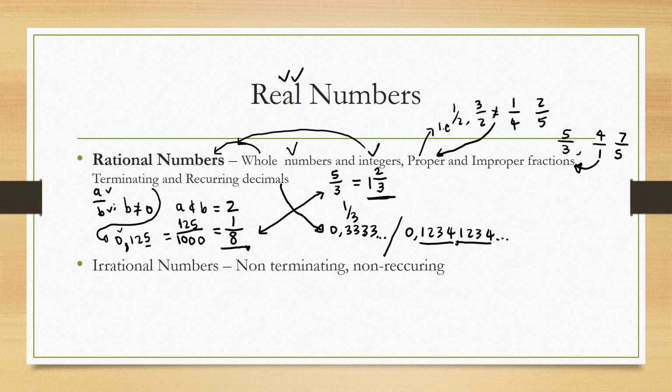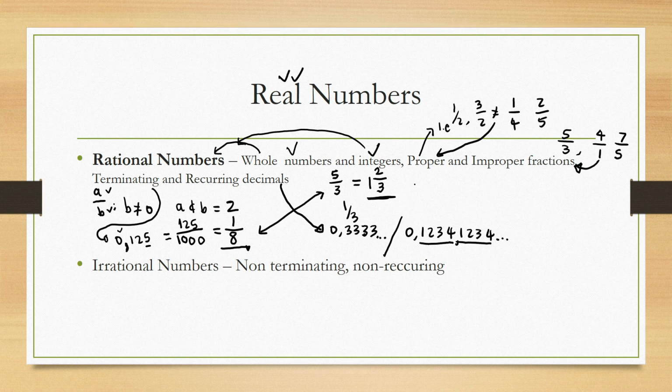Okay, right. So now we're going to be moving on to our irrational numbers. So what are our irrational numbers? Before we continue, let me also add that square roots of perfect squares fall under rational numbers.